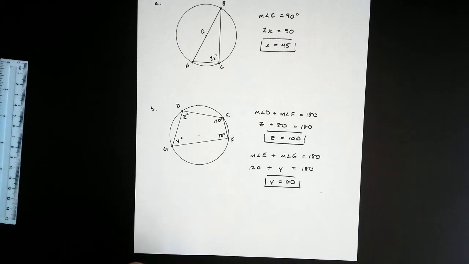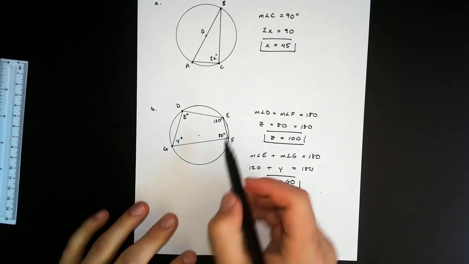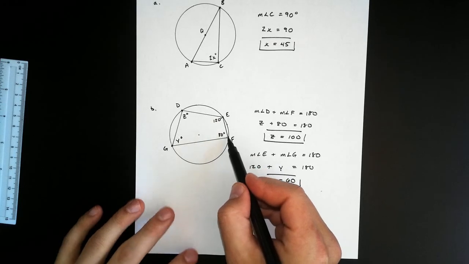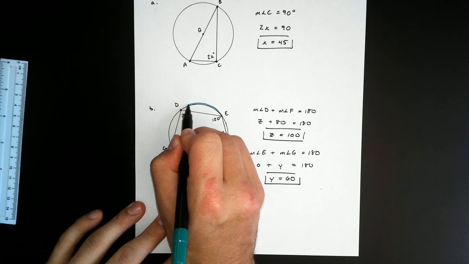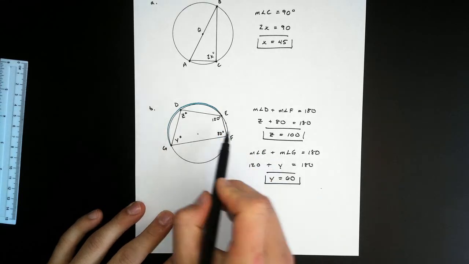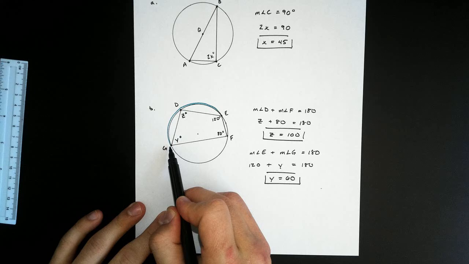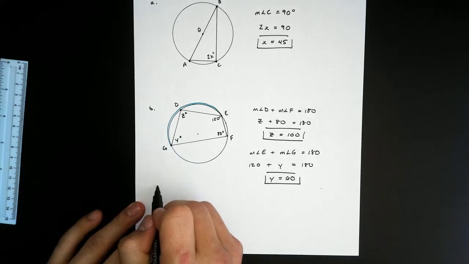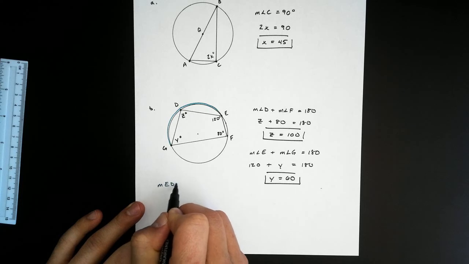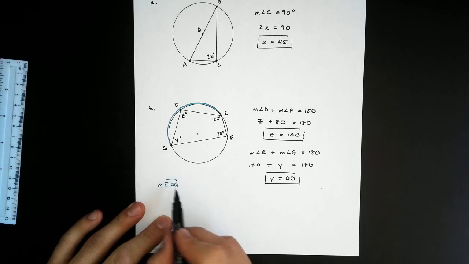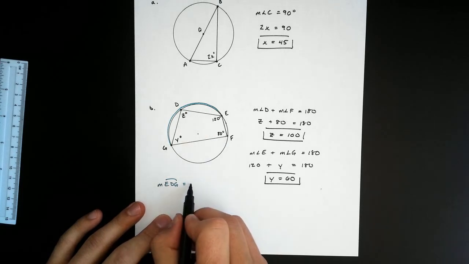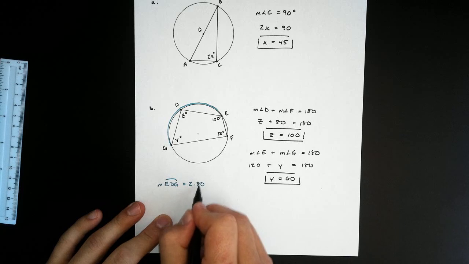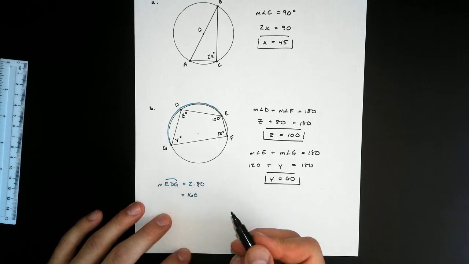Again, we could take a look at this in another way as well. If I look at this angle of 80, that goes with this arc right here, so the arc from E to G. So the measure of arc, let's say that's EDG, just so we know where we're going, that arc is twice as big as that inscribed angle. So that's 2 times 80, which is 160.